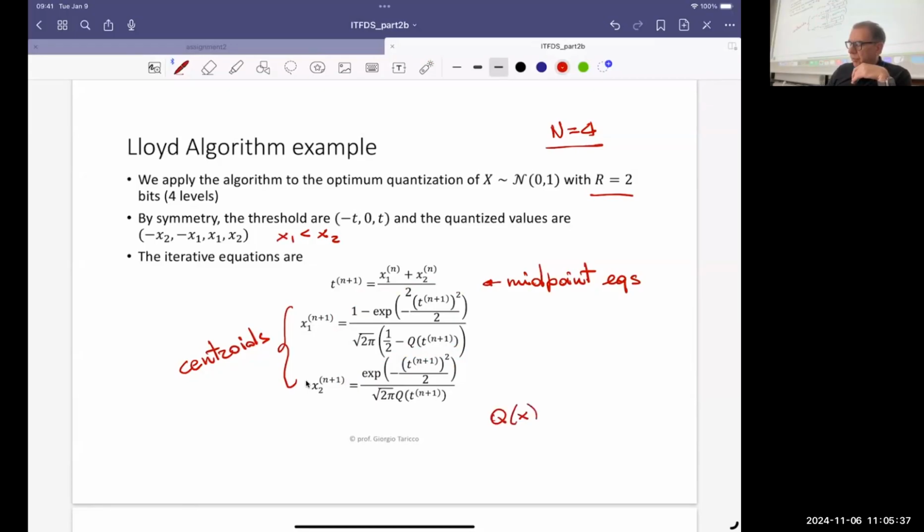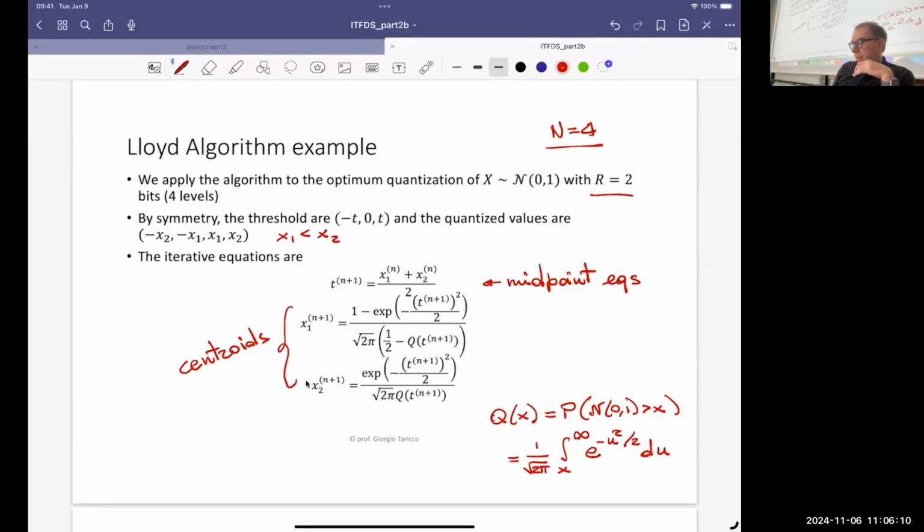The Q function of x is just the probability that a zero mean unit variance Gaussian random variable is greater than x, and therefore it is 1 over the square root of 2 pi times the integral from x to infinity of e to the minus u squared over 2 du.